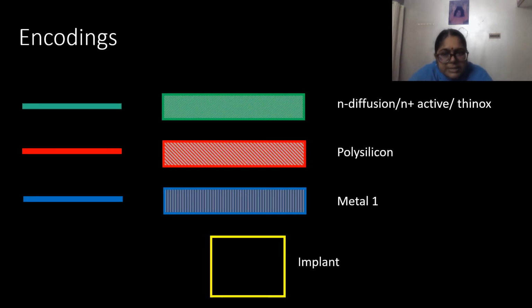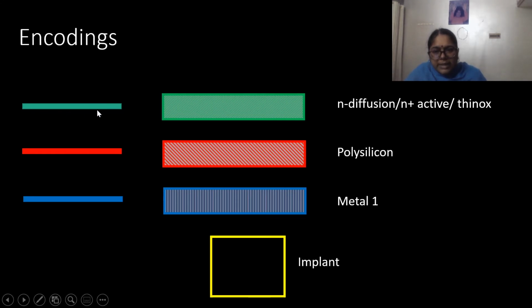The encodings which are used for stick diagram and mask layout are shown in the figures. The green color is used for representation of the N diffusion.